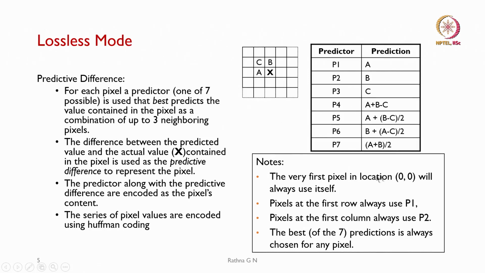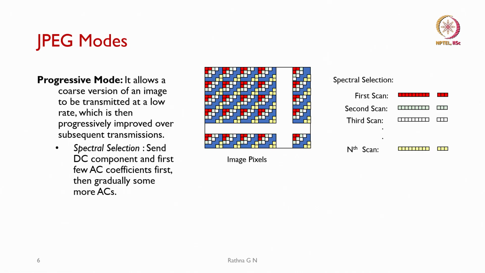Then the best of the 7 predictions is chosen for any of the other pixels. Here a 5 by 5 pixel block is shown, but usually we will take 8 by 8 pixels as the sample.